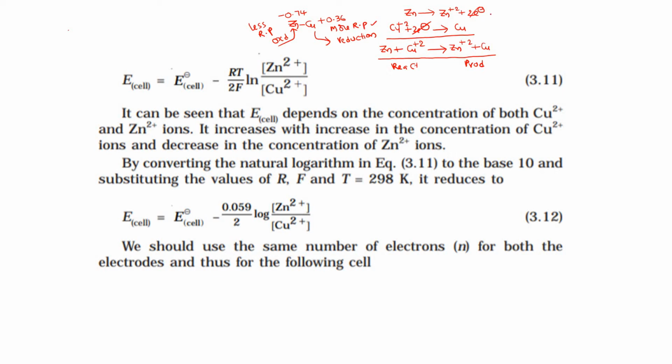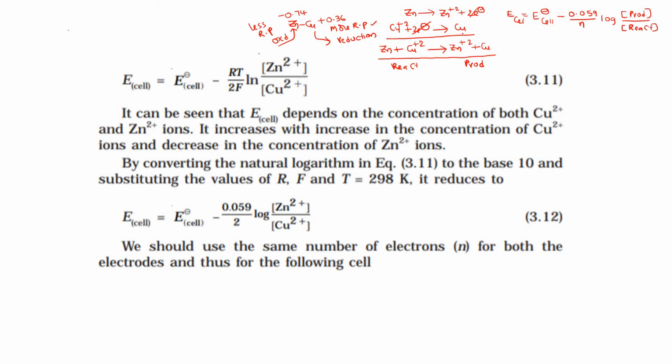Very simple. E cell is equal to E naught cell minus 0.059 divided by n into log concentration of products by concentration of reactants.